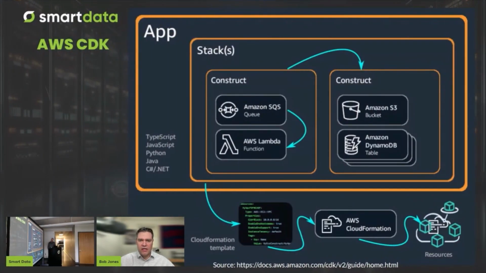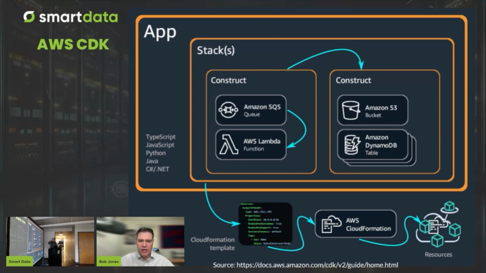So this is a top-level diagram of the relationship between these abstractions. The topmost one is your CDK app itself. Within a CDK app, you can have multiple CDK stacks. And within each stack, you can have what's called a CDK construct.